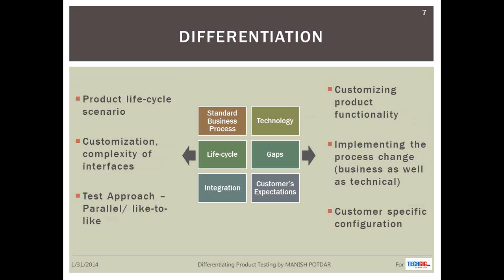Let's move on to the next slide, which talks about life cycle and gaps. Now, a product would typically have a very definite life cycle trajectory to follow. It's a 20,000 feet high view.